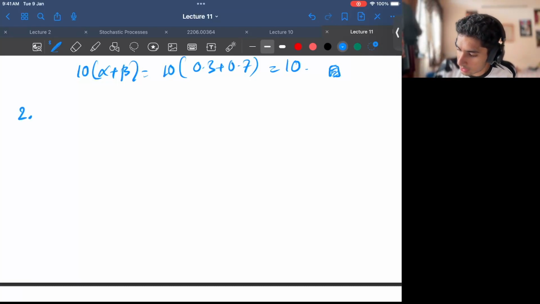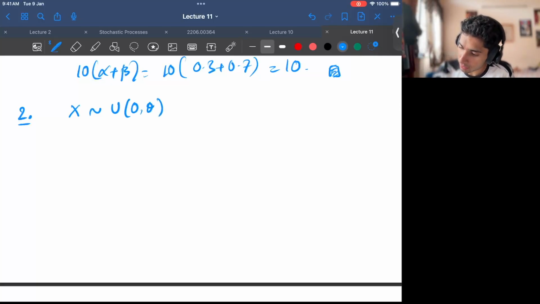Let's look at another question. X is a single observation that you draw from uniform 0 comma theta.